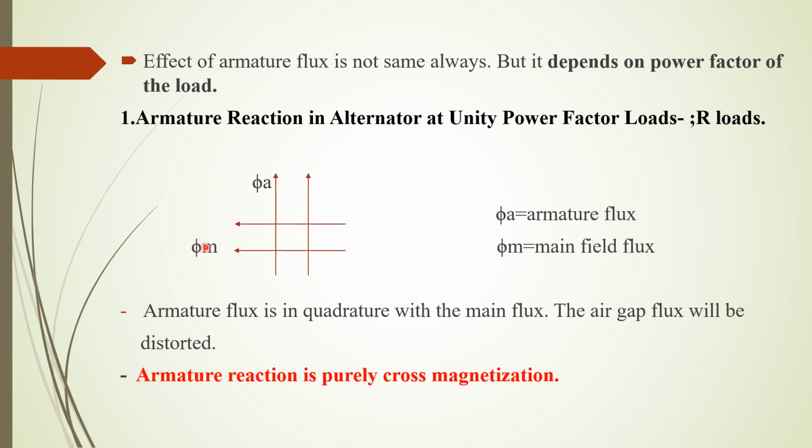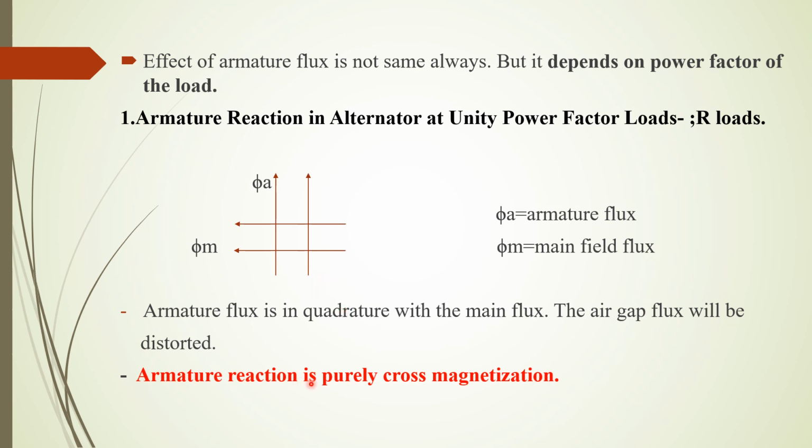And this line to the left region indicates phi M. Phi M is nothing but main field flux. So here you can see the direction of armature flux will be in quadrature with the main flux. That means the angle between the armature flux and the main flux is 90 degrees. So we can say the flux at the air gap will be distorted.